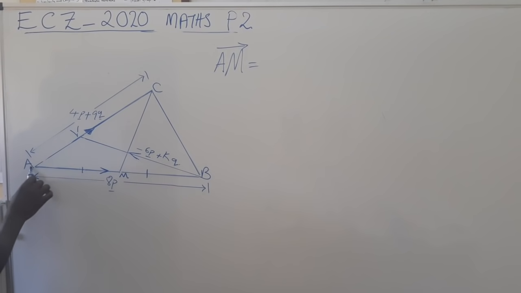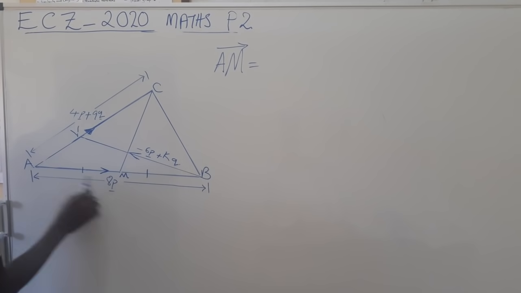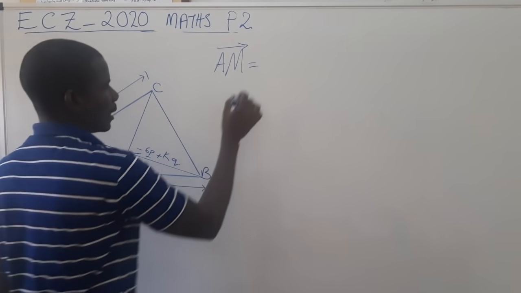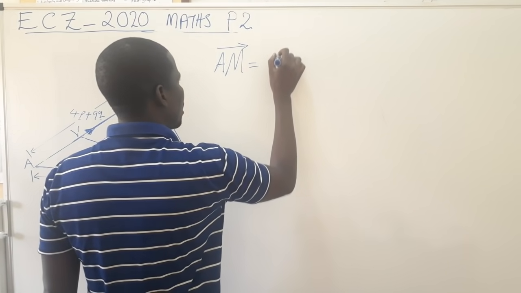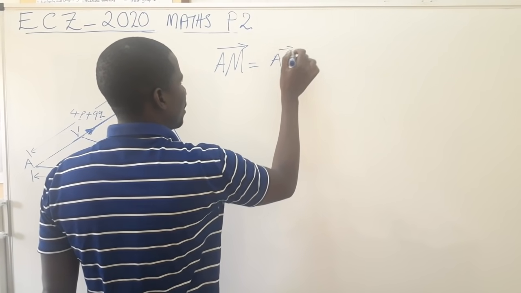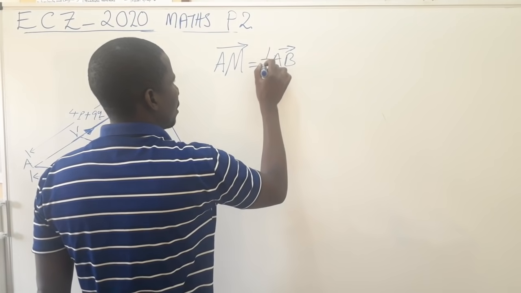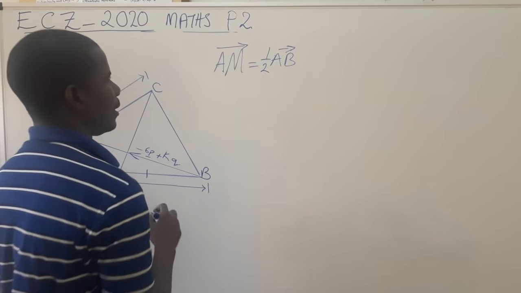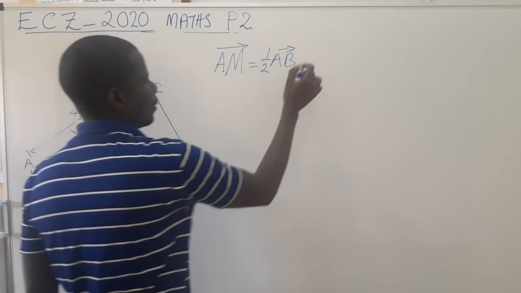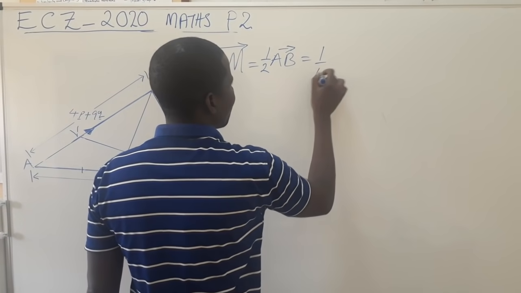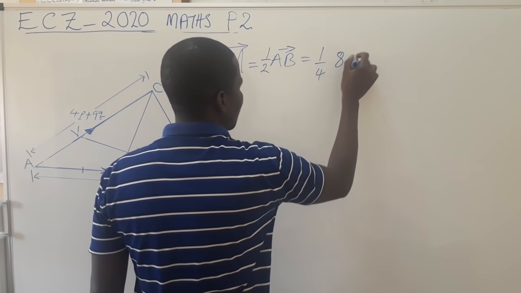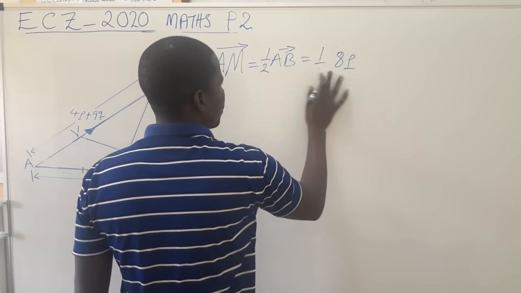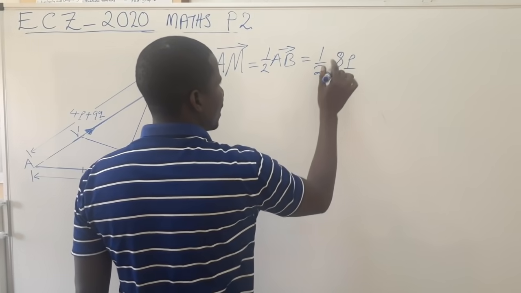We are told that AB is equal to 8P. So AM is half of AB, which is half of 8P.